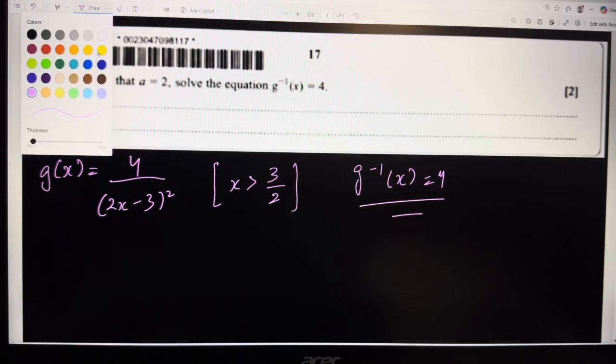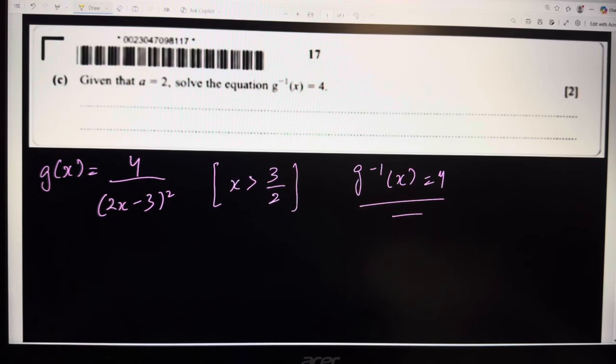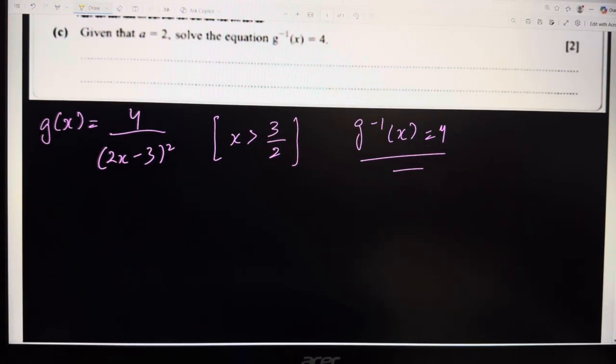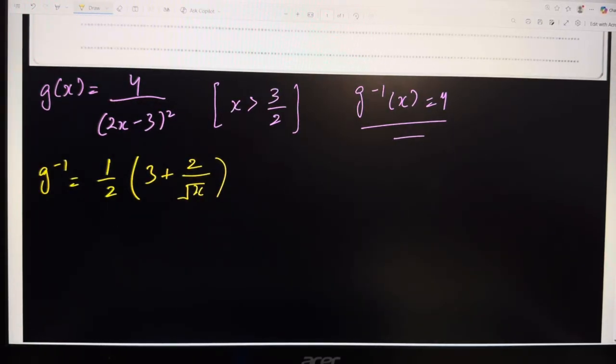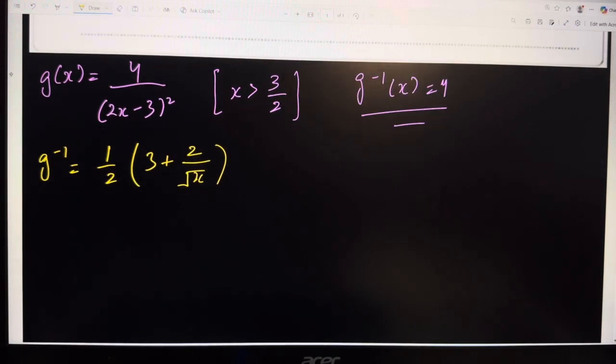So we know that we found g inverse up there, which was what? g inverse is equal to 1 upon a, so 1 upon 2, 3 plus 2 upon under root x. This is our g inverse now with a substituted. Solve g inverse is equal to 4.